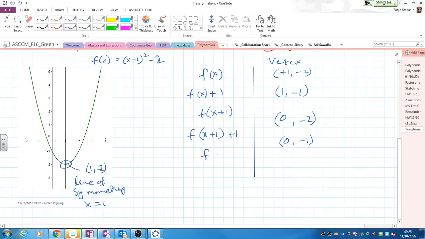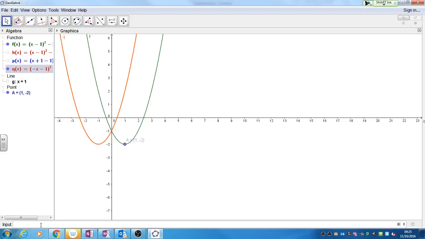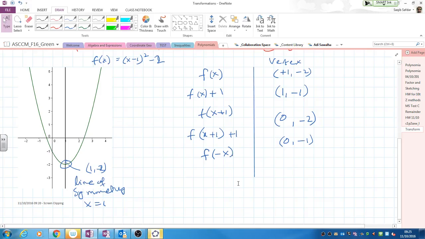Let's look at what happens if you put a minus inside the bracket. If I do f of minus x inside the bracket, that's a reflection in which axis? The y-axis, right? So let's just put this down.